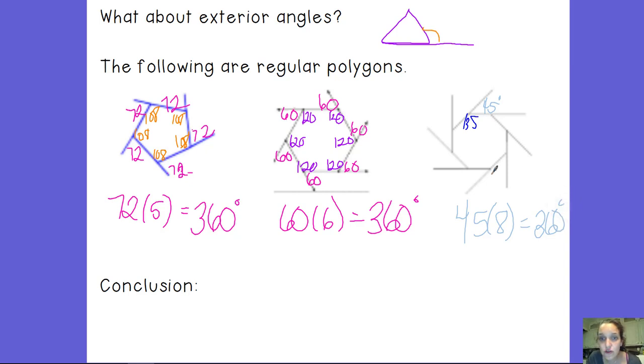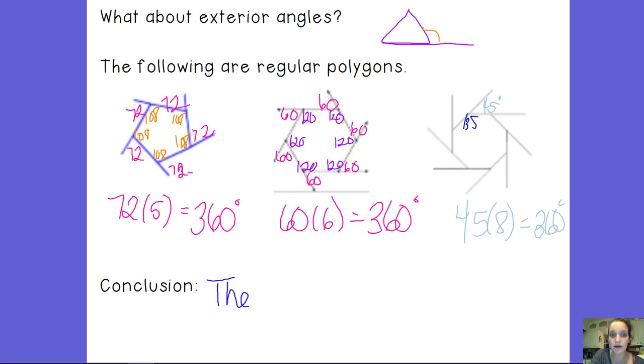The moral of this story is no matter how many sides your polygon has, and no matter if it's regular or irregular, so these were all regular, but this is true of all polygons. If you add up all of the exterior angles, the sum of the exterior angles of every polygon that has ever existed will always be 360 degrees.